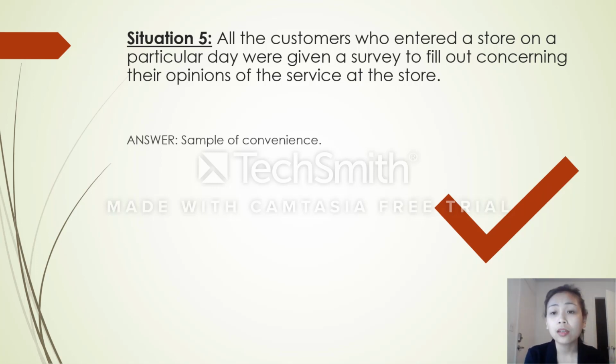Anyone who comes to the store will be asked about their opinions. Sometimes some people might also consider this sample as voluntary response because the customers are free to choose whether they respond or not. So it depends. Sometimes this situation is also considered to be a voluntary response sample.